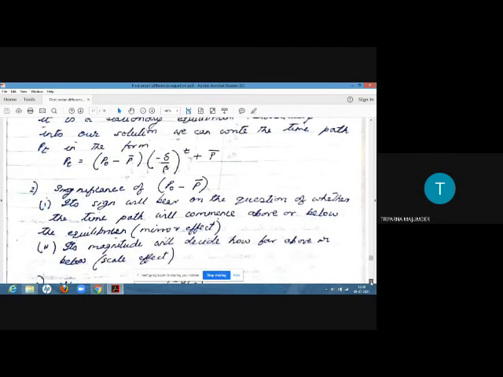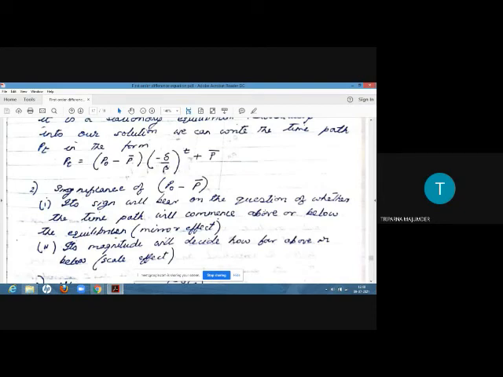Now we come to the significance of this P0 minus P bar. What does it mean? Its sign will bear on the question of whether the time path will commence above or below the equilibrium.